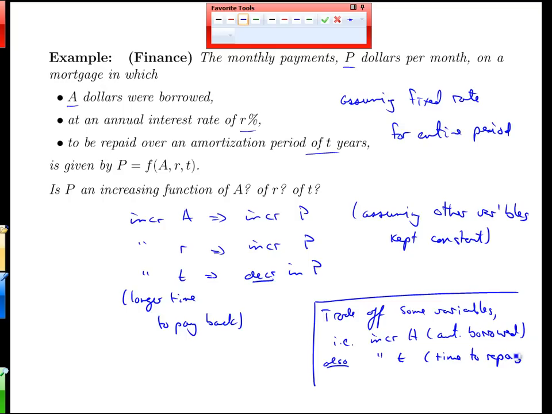And if you balance those correctly, you can keep P constant. So when we talk about P being an increasing function of these inputs, that's a simple relationship, assuming the other variables are kept constant. The trade-offs that we might make would be how the variables interrelate to one another.